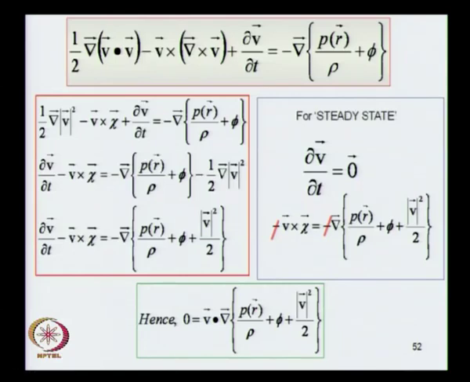So, on the left hand side you have a 0 and on the right hand side you have got the scalar product or the inner product of the gradient of these three scalar functions with the velocity, which is an identity.